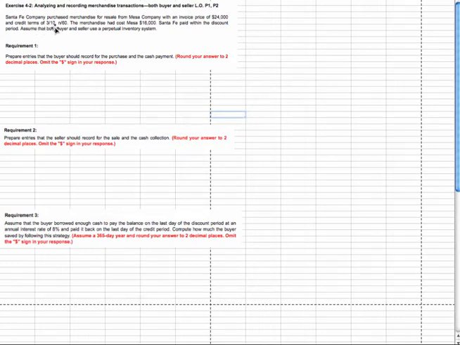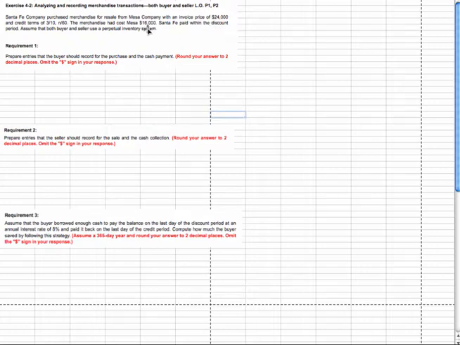And the terms are 3/10, net 60. So in other words, the invoice is due in 60 days from the date of the invoice, but if Santa Fe pays within 10 days, Mesa will allow Santa Fe to pay the invoice with a discount of 3% on that invoice. Now we have to keep track of the cost that Mesa incurs that corresponds to the revenue that they generated of this $24,000.